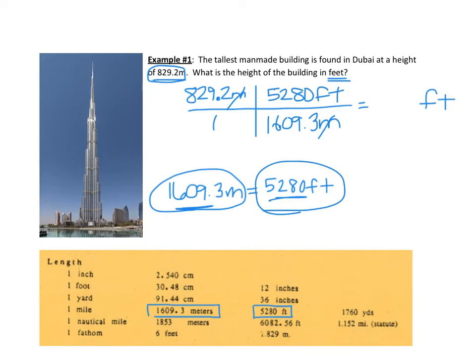So we're going to multiply across the top. So I have 829.2 times 5,280. So across the top, I get a huge number, 4378176, and feet would be on the top.